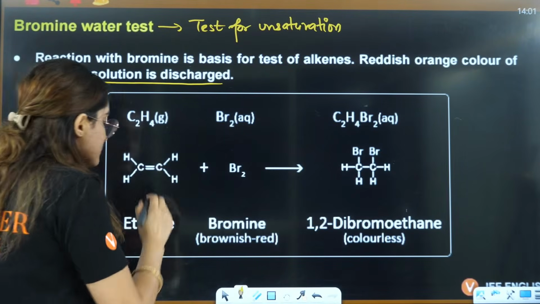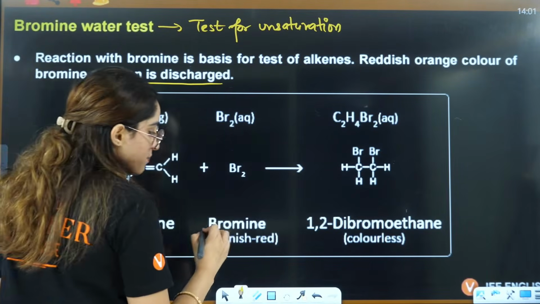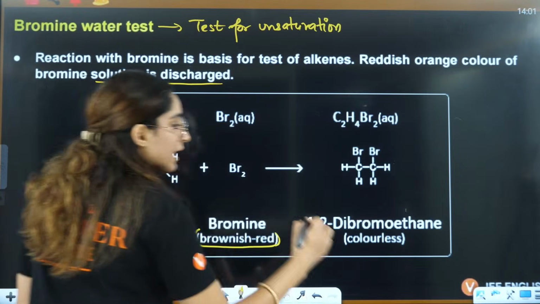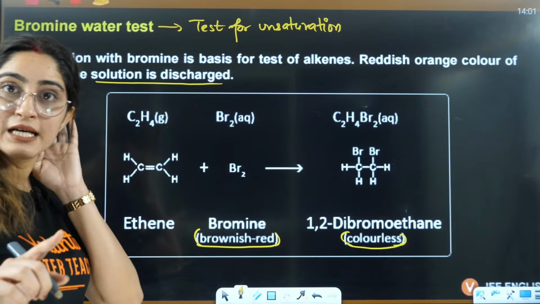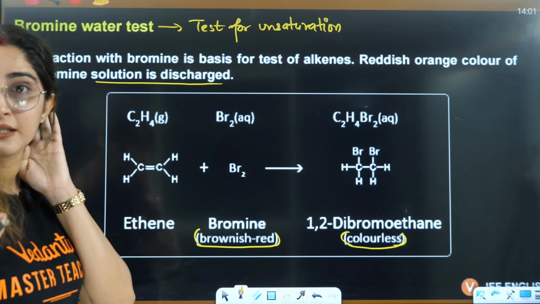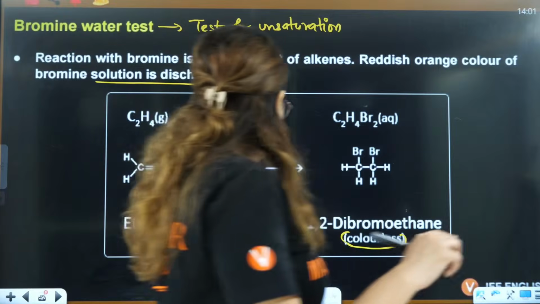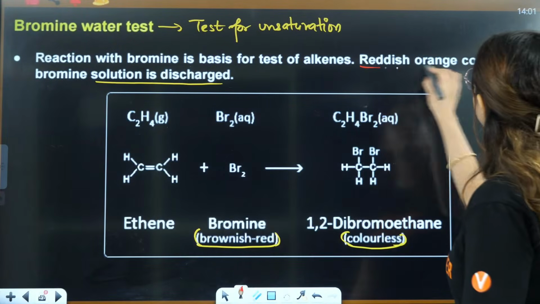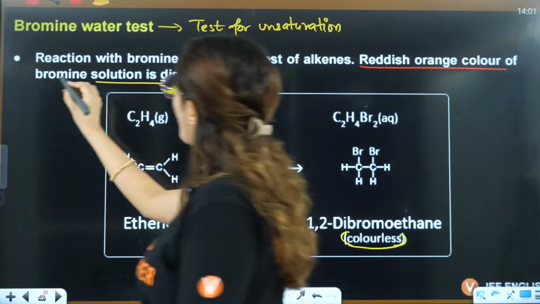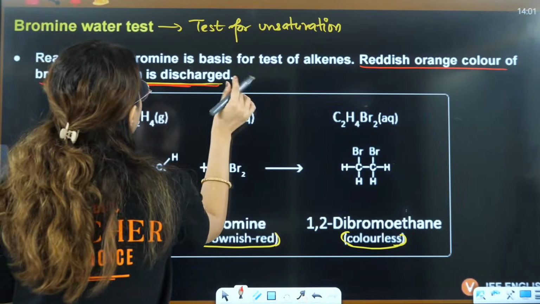This compound here is brownish red color, and it will be converted to your vicinal dihalides, which is colorless, and that's why we say that the reddish orange color of bromine solution is discharged.